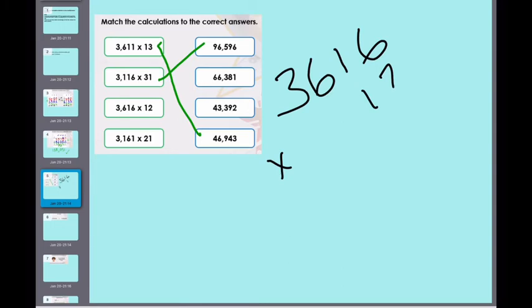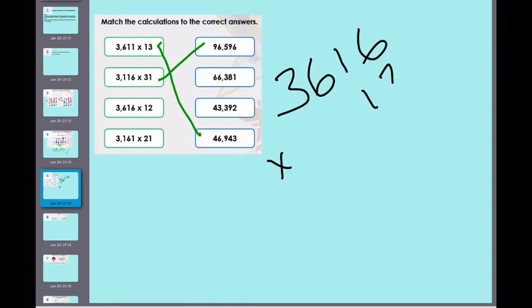I've got 4 in my ones column. 4 times 3 is 12. Hopefully you did the same. 4 times 1 is 4. Add one more is 5. 4 times 1 again is 4. And 4 times 5 is 20.